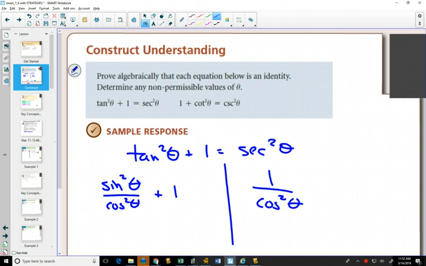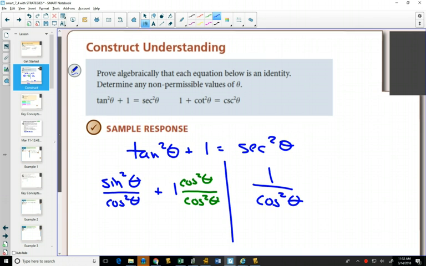So the main strategy we've had for proofs up till now with changing to sine and cos is, after you change to sine and cos, see if you can write both sides as a single fraction. The right side, already a single fraction. No problem there. The left side, well, I have two things. If I want a single fraction, I have to add fractions. I need a common denominator, so I'll multiply this 1 by cos squared over cos squared to get that common denominator.